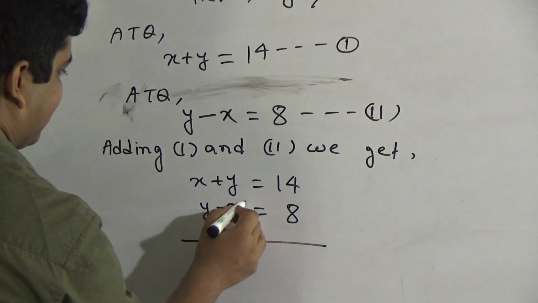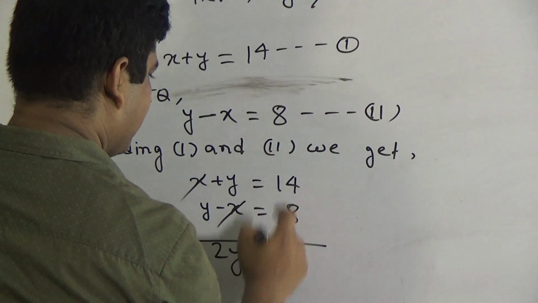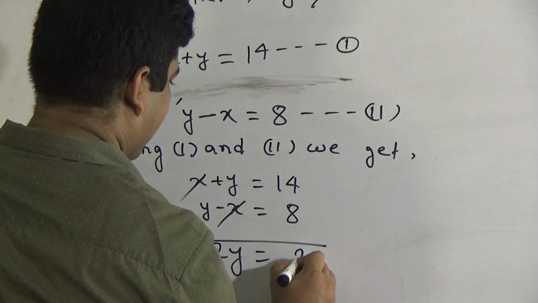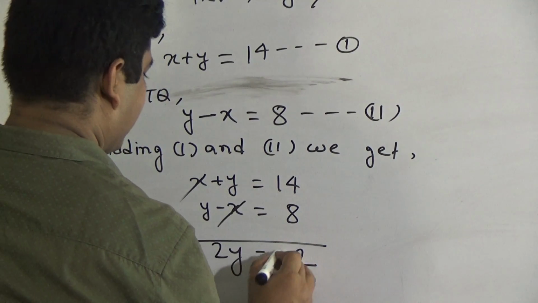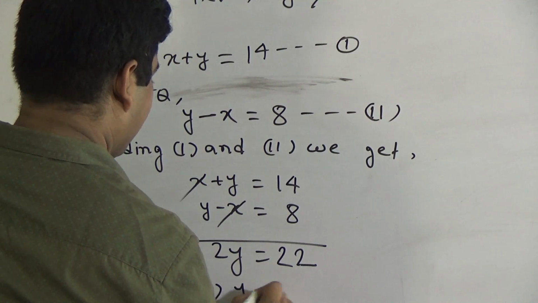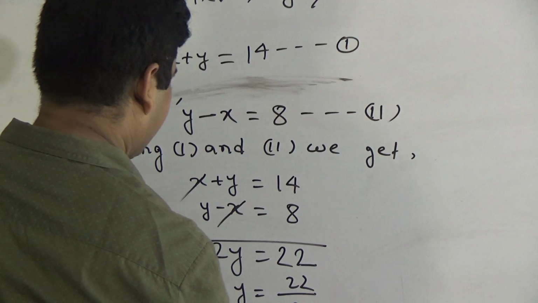Now add this, x cancels, left 2y. If we add these two numbers, then we get 8 plus 4, 12, carrying 1, and 22. Now we divide this 22 by 2 and we get y equal to 11.